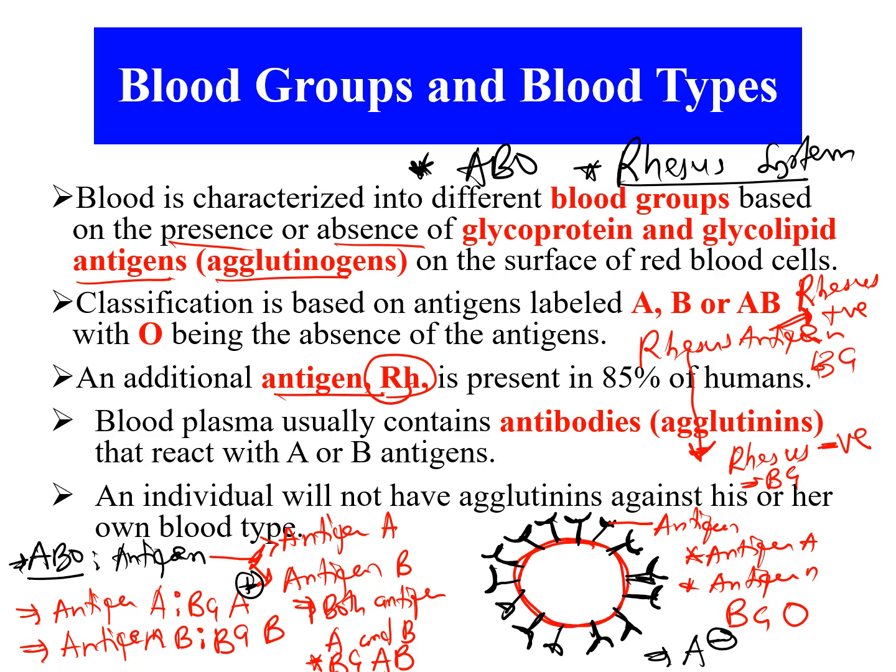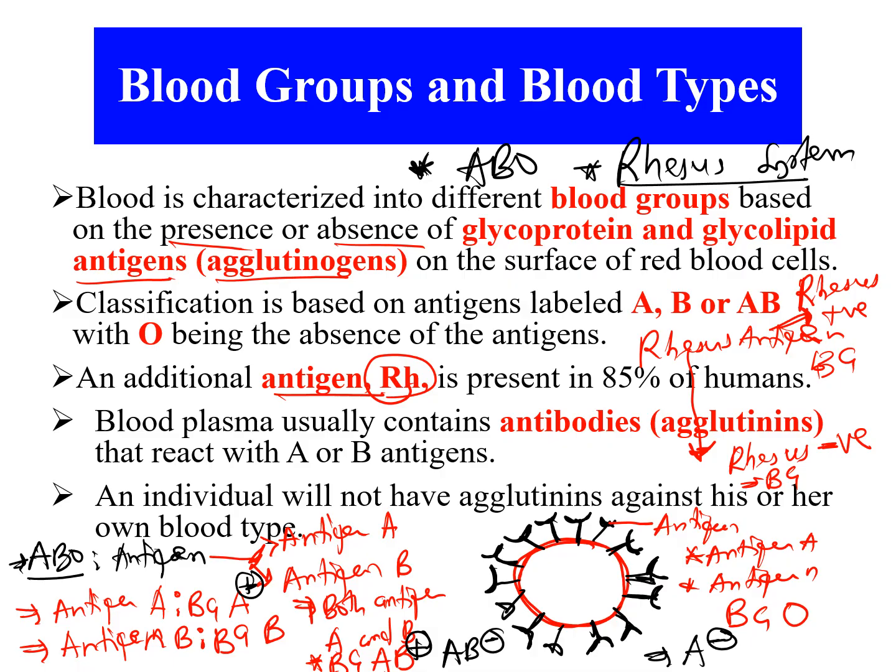If an individual has antigen A as well as antigen B, that individual has blood group AB, and if they have the rhesus antigen, then their blood group is going to be known as AB positive. When the rhesus antigen is negative, then that individual is going to be AB negative.